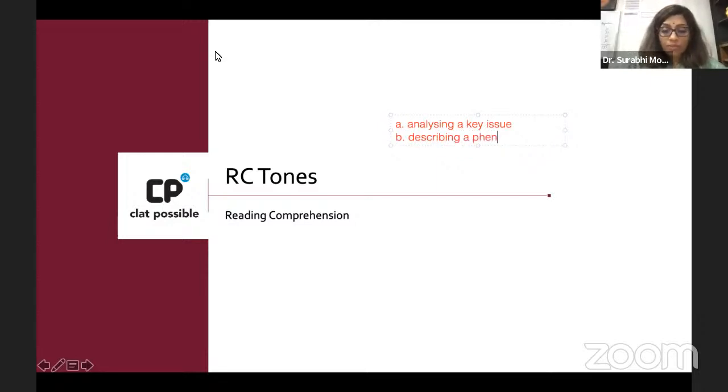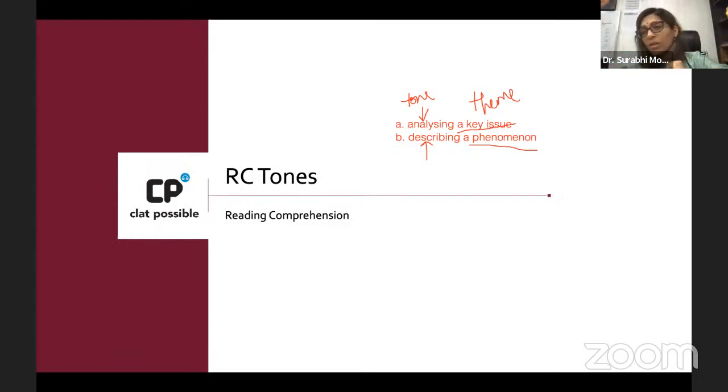So now that means in the answer, you not only have to look at terms like phenomenon, key issue, you also have to focus on the words analyzing, describing. So this is tone plus theme. And together you have to choose the best answer. So tones therefore can be hidden inside a theme question, or tones can be a direct question with direct straight options that you have seen.